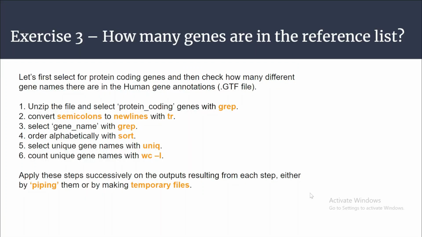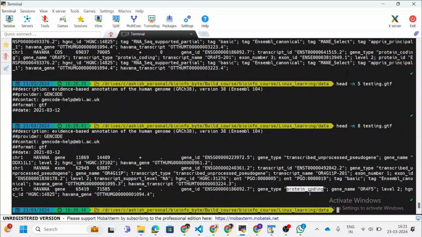Select protein coding genes with grep. In this particular file we have a lot of genes, but in my project the task is to deal with the protein coding regions or protein coding genes. So I have to extract those genes that are protein coding.